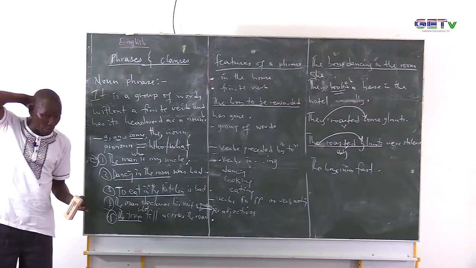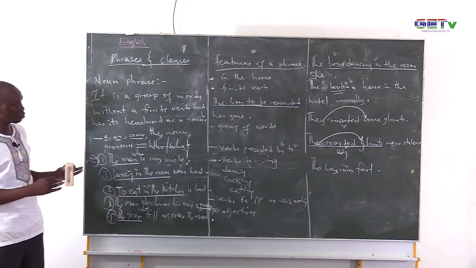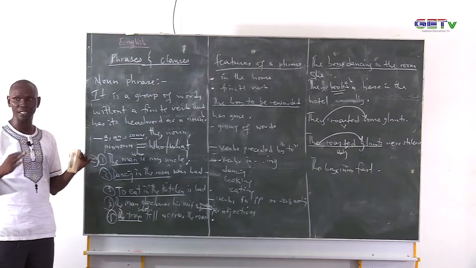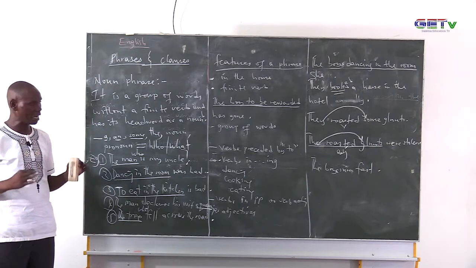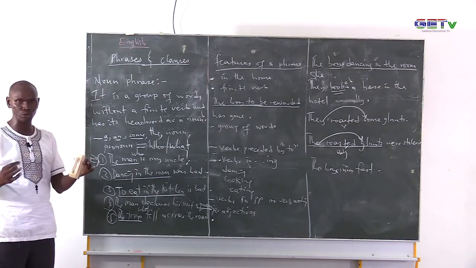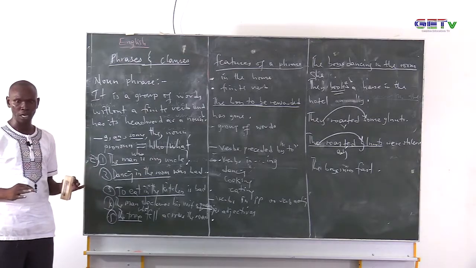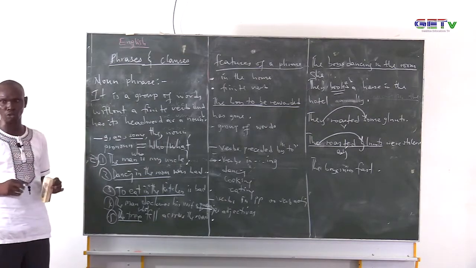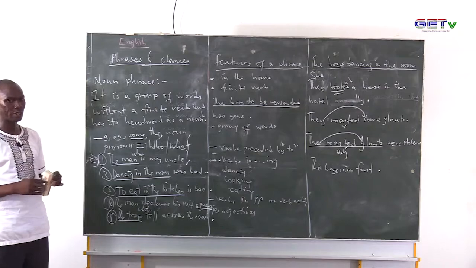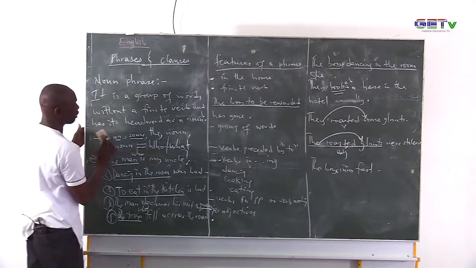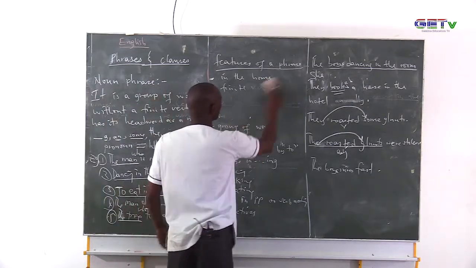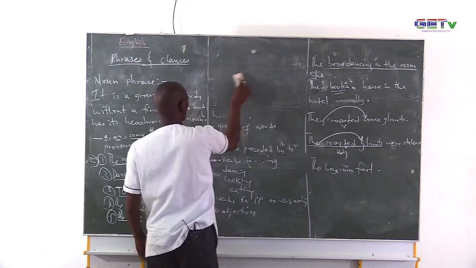So now we are going to move on to different functions of noun phrases. You get the point? Noun phrases, just like nouns, have many functions. And now we are coming to look at the first function, that is the function as subject. Now we are moving on to noun phrases functioning as subjects of verb.